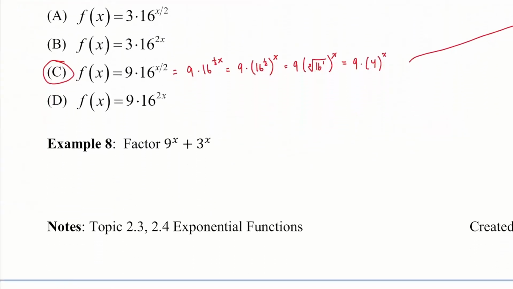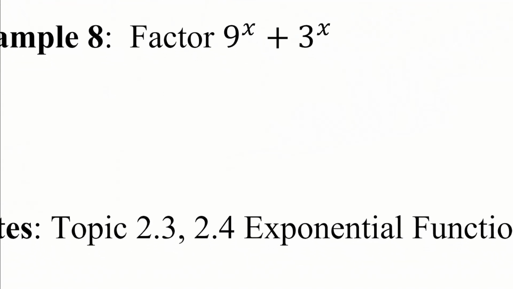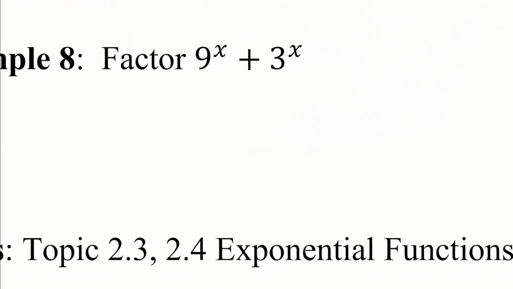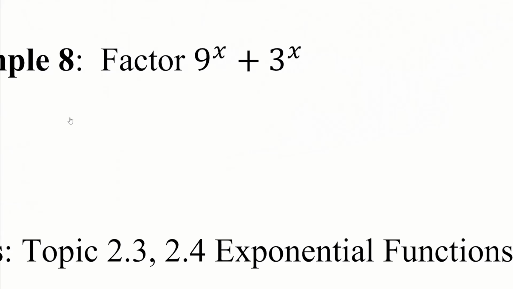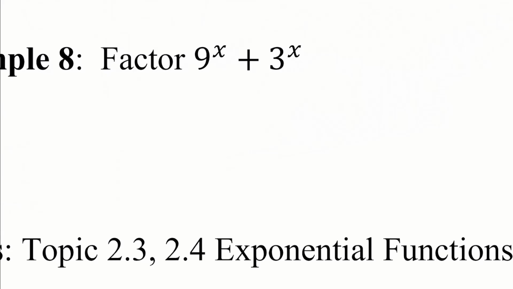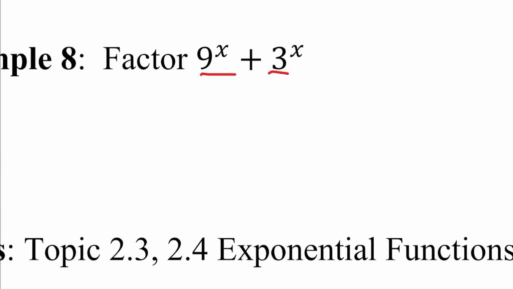Alrighty, we have one more example where we're going to be using a special technique that we learned last year. Maybe remember it as we go along. We'll see. So we want to factor this expression. To factor, ideally in this scenario, I want to somehow use my properties we were mentioning to be creative and make these bases the same. That would be convenient. But I think I can.